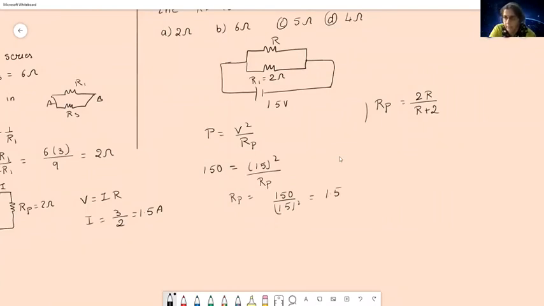So now Rp is 2R by R plus 2, equal to 1.5. I'm going to solve for R. So 2R by 1.5 equal to R plus 2.